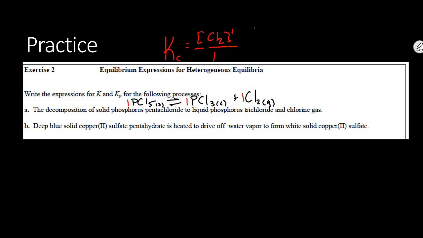So the equilibrium expression for this reaction is simply the concentration of chlorine gas to the 1st. So at equilibrium, whatever the concentration of chlorine gas is, that's our equilibrium constant. To write Kp, it's the same process. Kp would simply be the partial pressure of chlorine gas raised to the 1st.